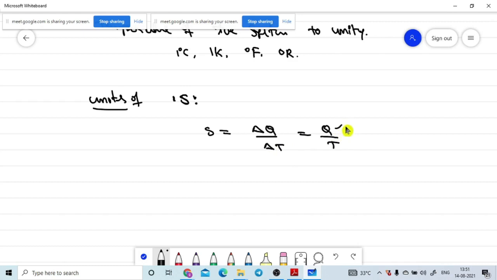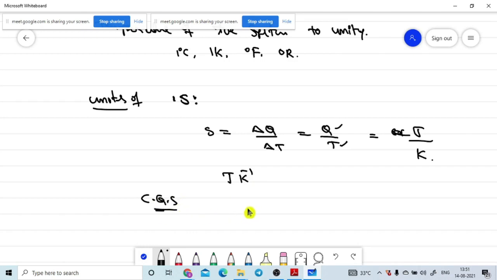Q is equal to energy, T is equal to temperature. So what is the unit of energy? Energy is joule, so joule divided by Kelvin, joule Kelvin inverse, that is the unit. If you take Celsius, then Celsius inverse.